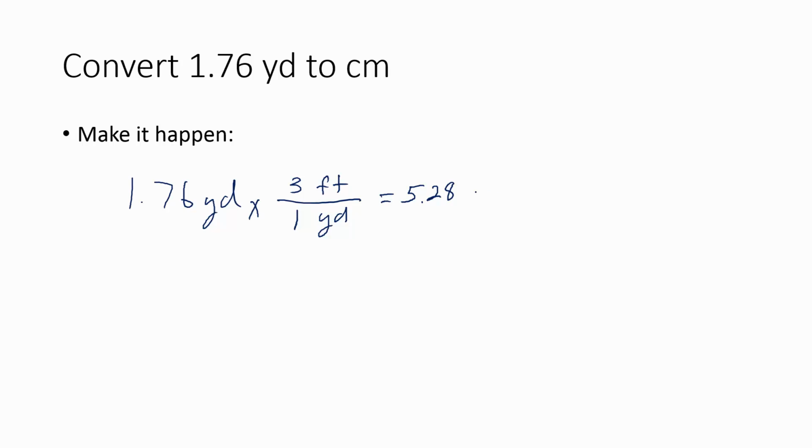Okay, so 5.28 feet. Take it one more step. Times 12 inches for 1 foot. I know this is the way I want to run this fraction because now inches are on top, feet are on the bottom, just like yards canceled, feet will cancel here.